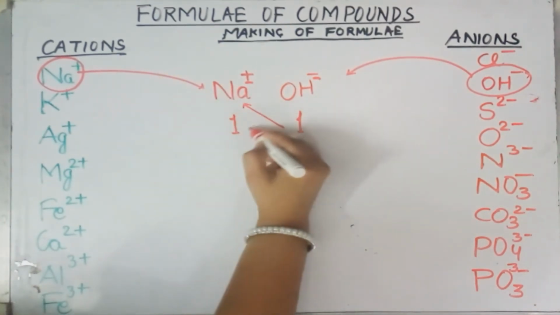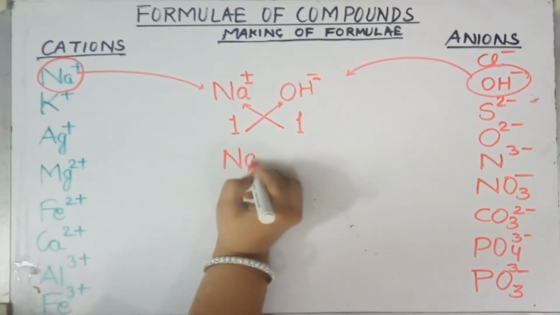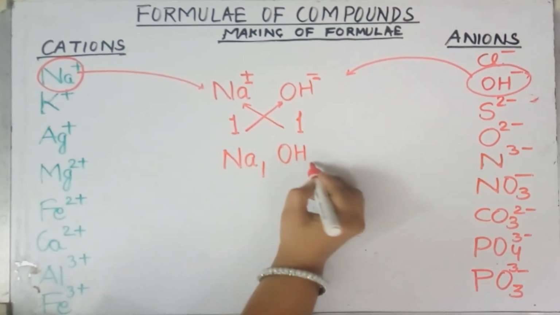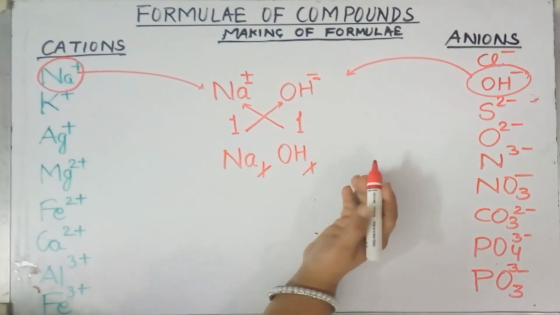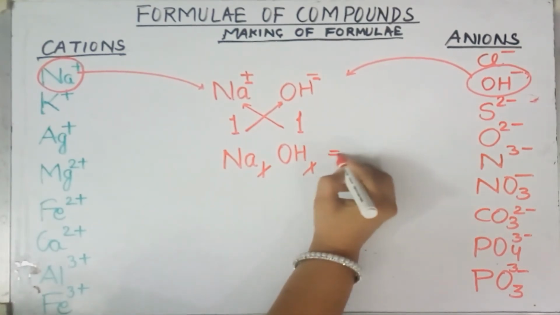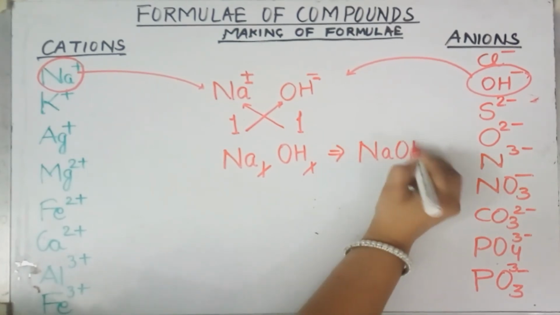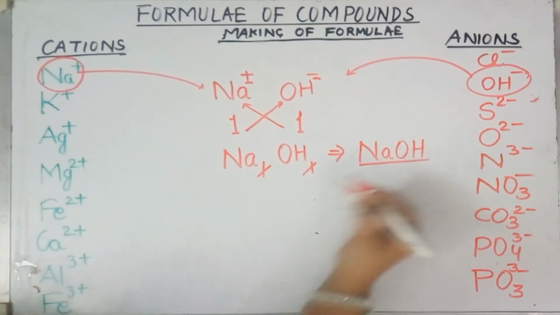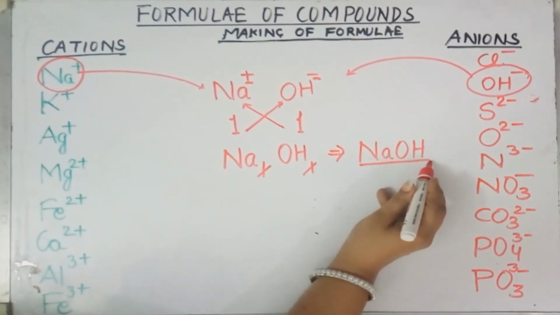Cross multiply the charges present on them, that is you will get sodium multiplied with the 1 and OH multiplied with the 1. So ultimately 1 and 1 is no need to write down, or they will be cancelled out. I can write down the formula made by the combination of sodium and hydroxide ion as NaOH, and the name of this compound will be sodium hydroxide.